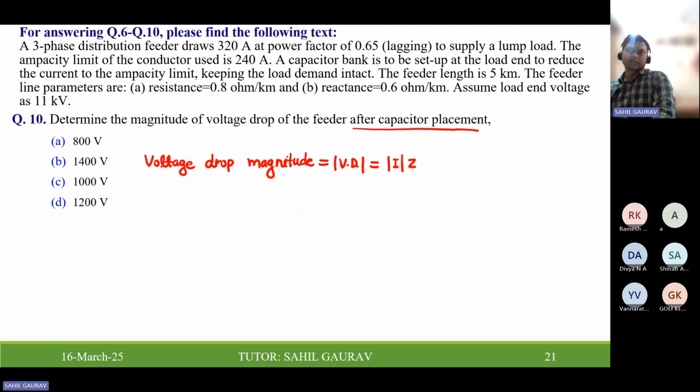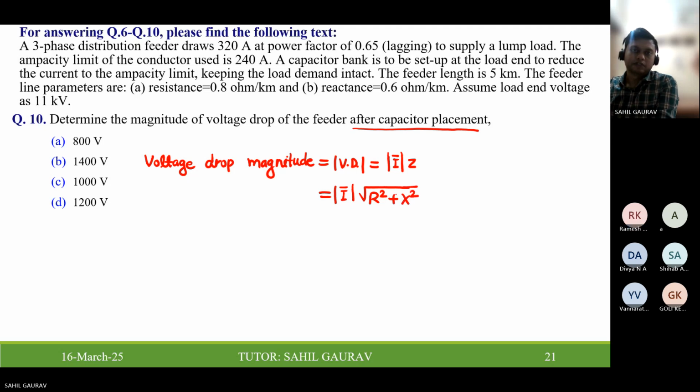So after capacitor placement, what is the amount of current that is flowing through the feeder? Anyone can tell?